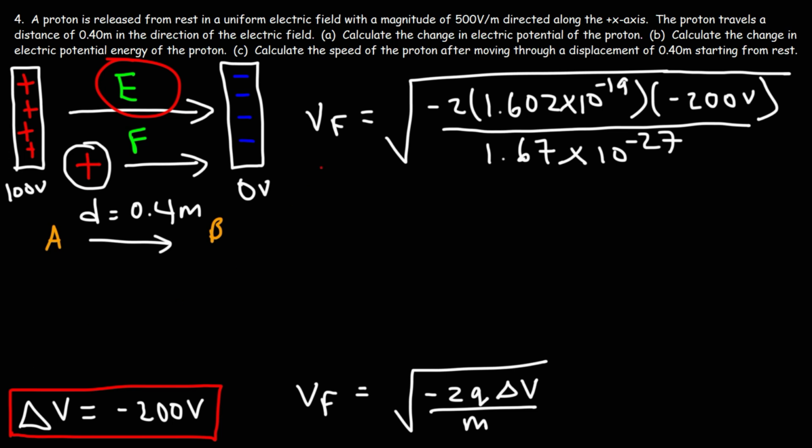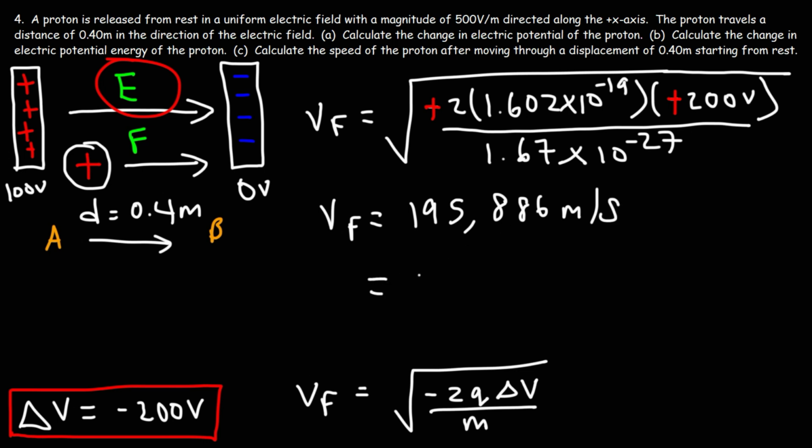Now the final speed has to be positive. So these two negative signs are going to cancel, giving us a positive result. So the value that I got for this problem is 195,886 meters per second.